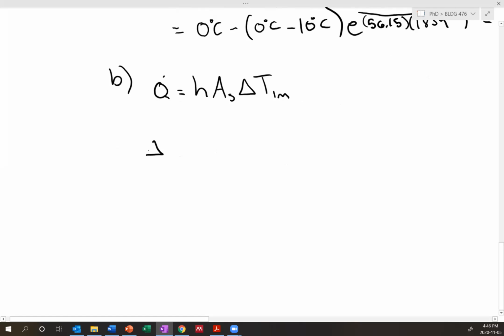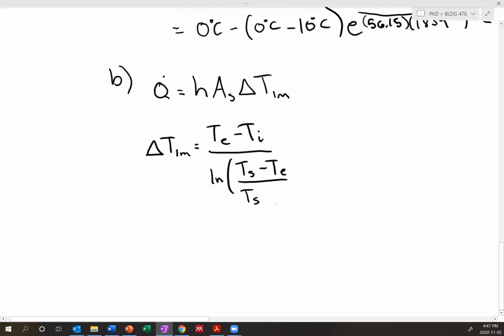So our log mean temperature is equal to the temperature at our exit, which we now know, and the temperature at our inlet, so this will give us a log mean temperature difference of 9.56.